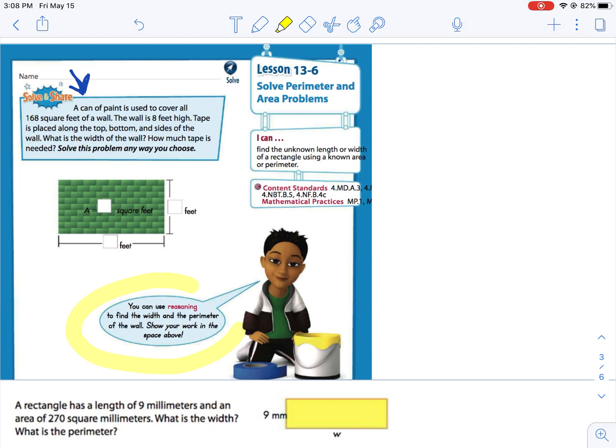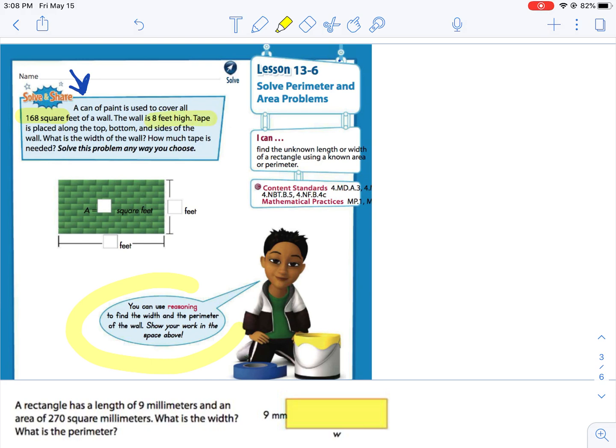So again, we know that this is about painting a wall. And it looks like we have a couple of questions to solve. So let's see, what am I going to need to really hang on to? A can of paint is used to cover all 168 square feet of the wall. The wall is 8 feet high.